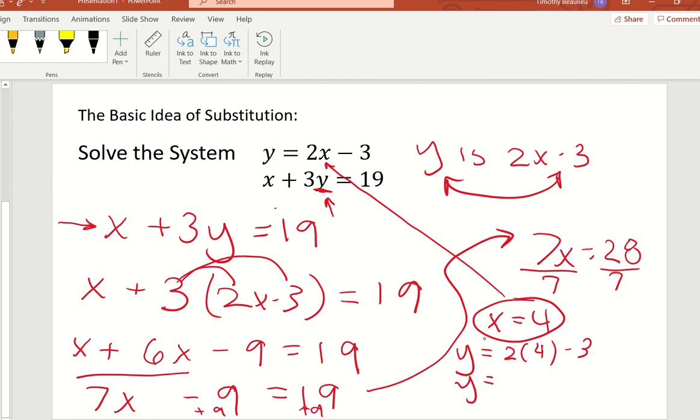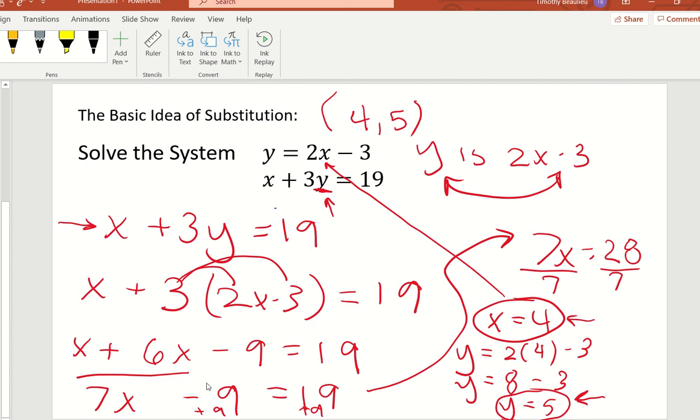Y equals 2 times 4 is 8. So 8 minus 3, y equals 5. The solution to this system has an x value of 4 and a y value of 5. So we write the solution as 4, 5, or that is the coordinate where the graphs would intersect.